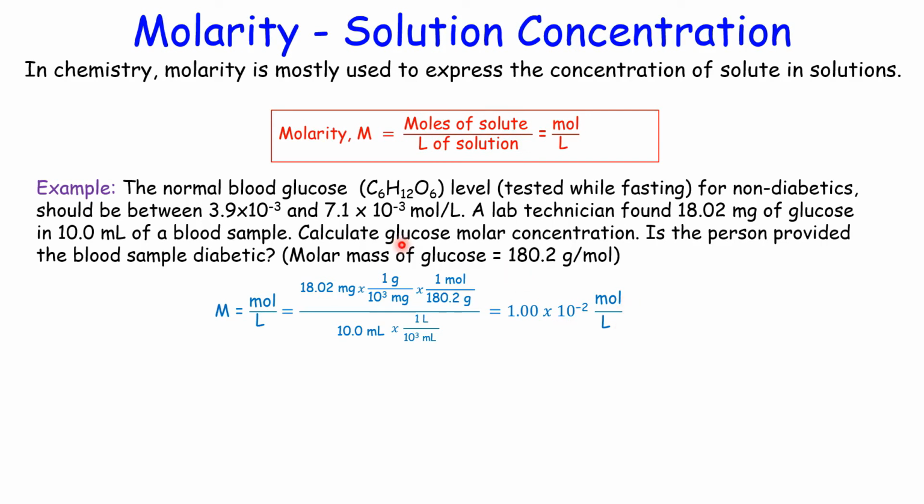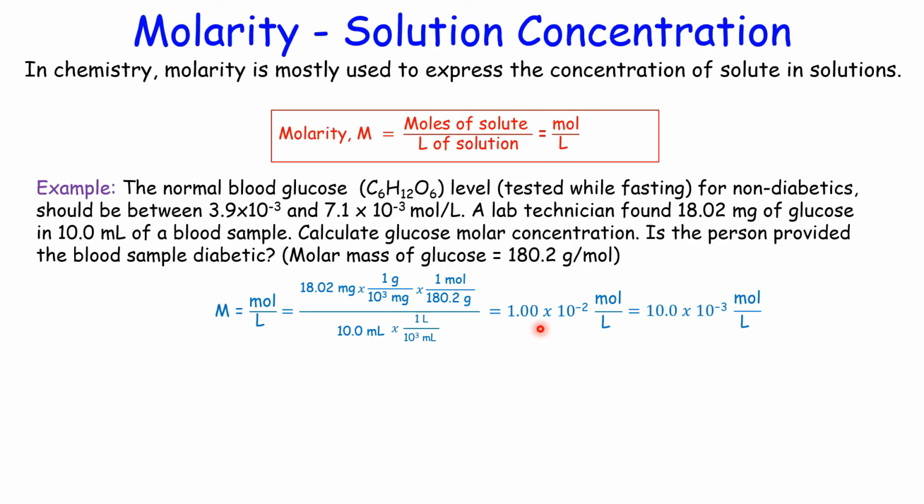In order to answer the last question right here, we have to be able to compare this molarity with the range right here. And since here is 10 to negative 3, and here we have 10 to negative 2, in order to compare, let's just change this one to 10 to negative 3 as well.